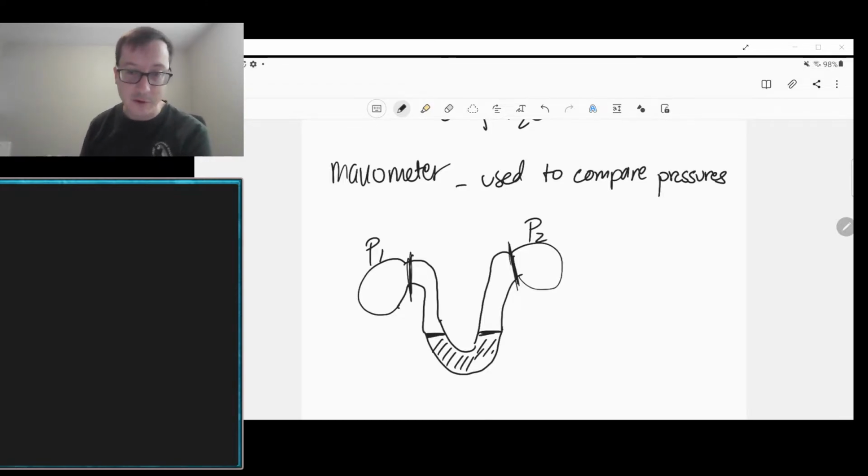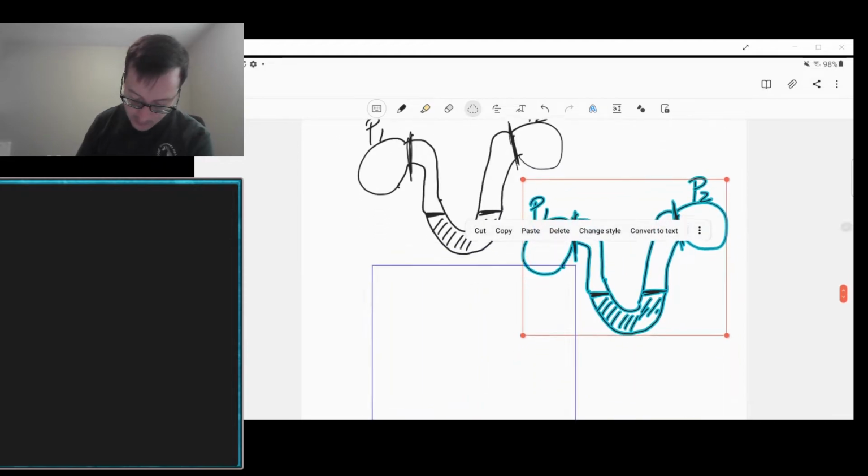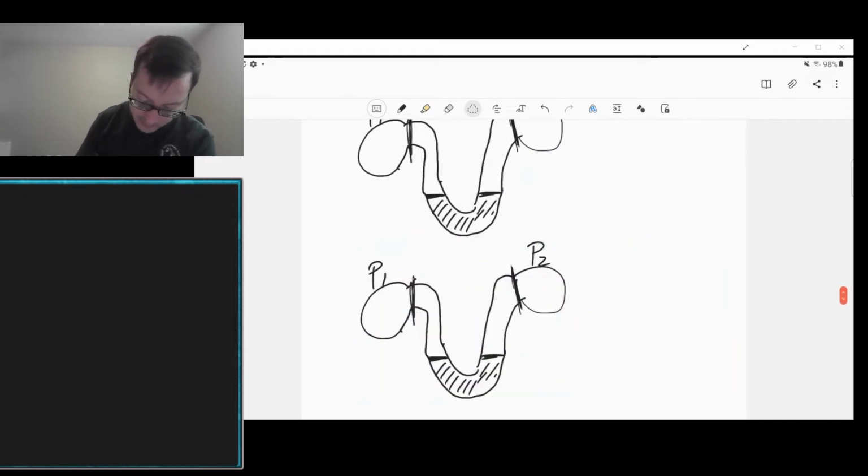Or they could have the same pressure. And so if we open these up, I'm going to copy this. Once we open it, then the pressures will interact with this liquid here, and they might move the liquid.